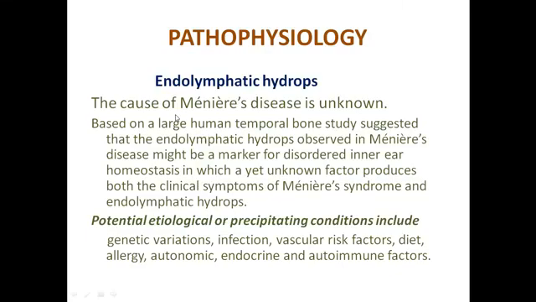Now, the exact cause of Meniere's disease is not known. Based on a large number of human temporal bone studies, it suggests endolymphatic hydrops. As we still do not know the exact cause, the pathology is some change in the inner ear, meaning accumulation of fluid in the inner ear causing endolymphatic distension and producing these symptoms.